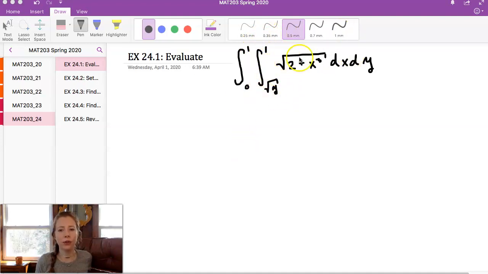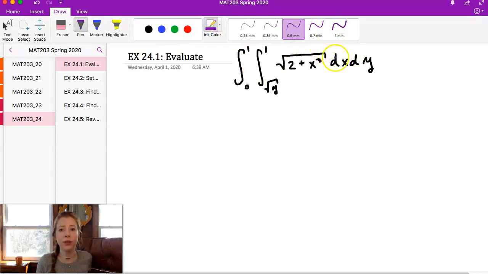And then you have to integrate in terms of y. But the thing is, you're going to still have an x in there, and you're going to have a y in there, and you're not going to get a value out. So it's difficult to evaluate this integral in the form that it is currently set up in.